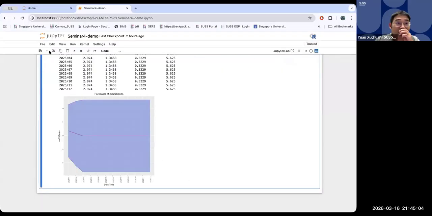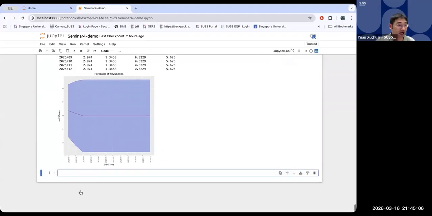So we import the data into R. AR1, read the data, the AR series, series 1 CSV.